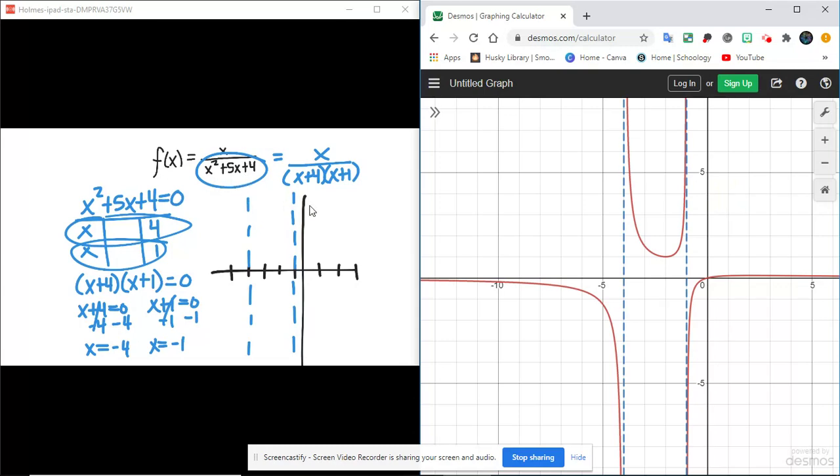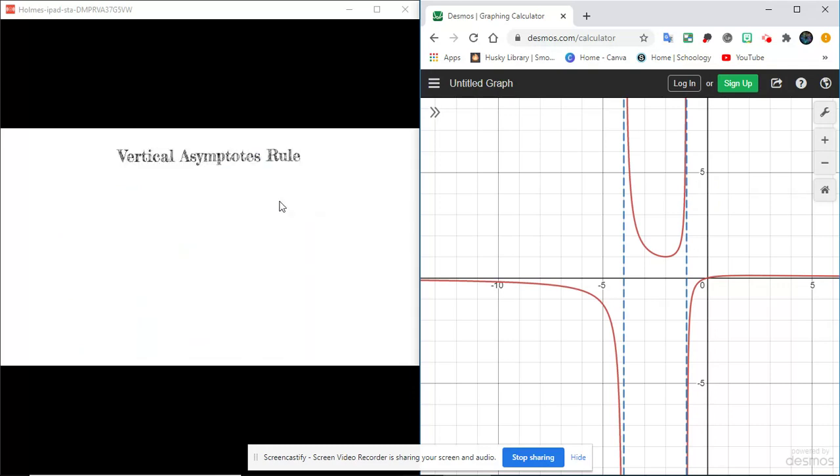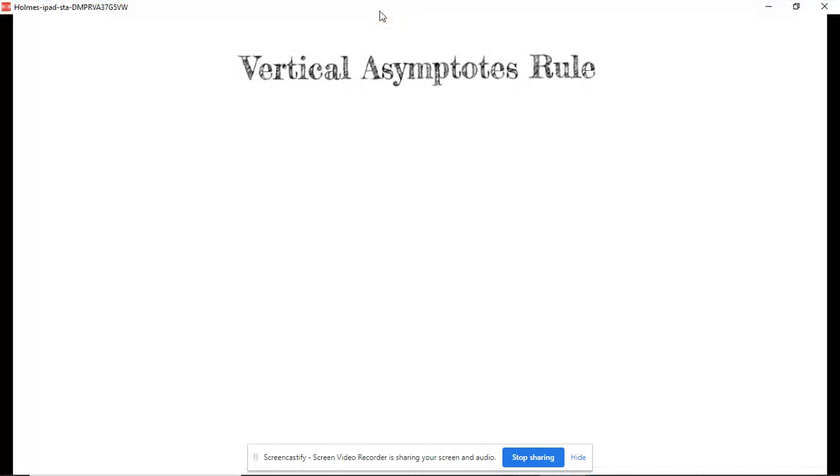But let's review the rules real quick. No matter what you're dealing with for a vertical asymptote, no matter what function it is, no matter how crazy it is, the rule is you set the denominator equal to 0.